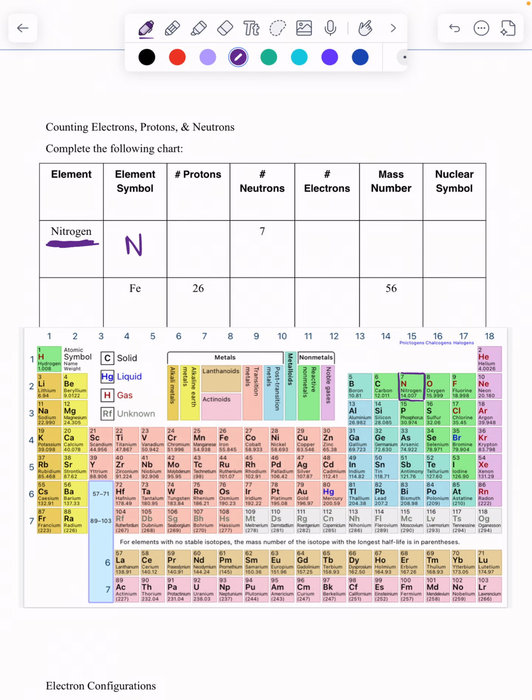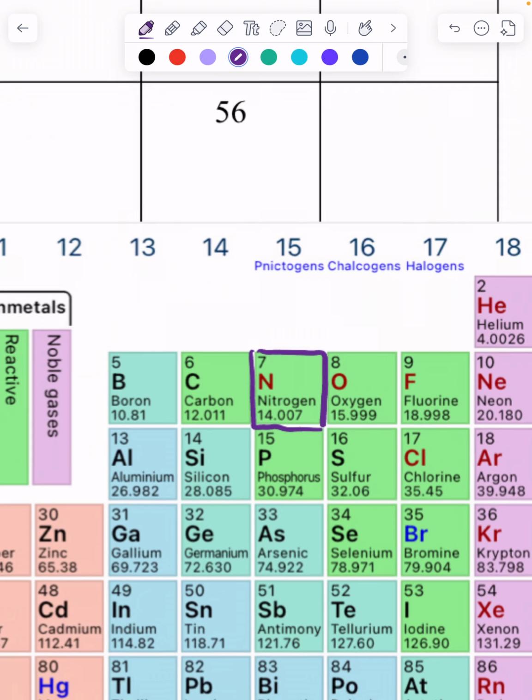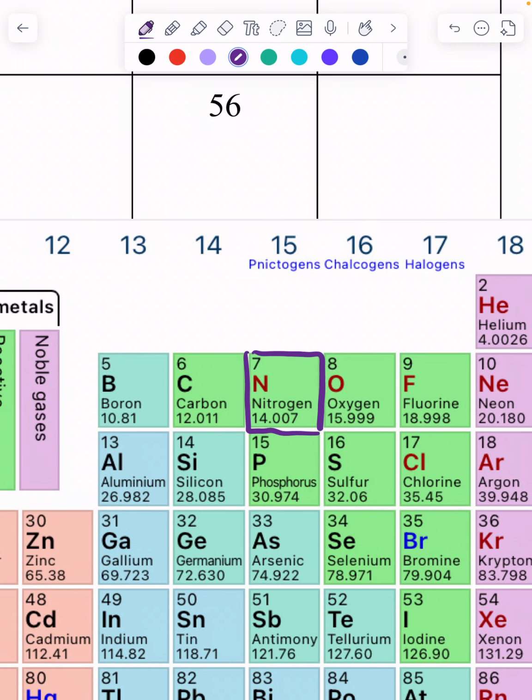For all of these elements, and I'm going to zoom in on nitrogen real quick, our number of protons is going to be in the top left corner, at least on this periodic table. Sometimes it could be in the top right corner, but either way, our 7 is the number of protons for nitrogen. Oxygen has 8, fluorine has 9, carbon has 6, right?